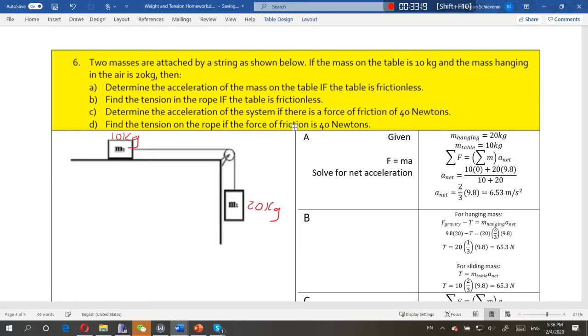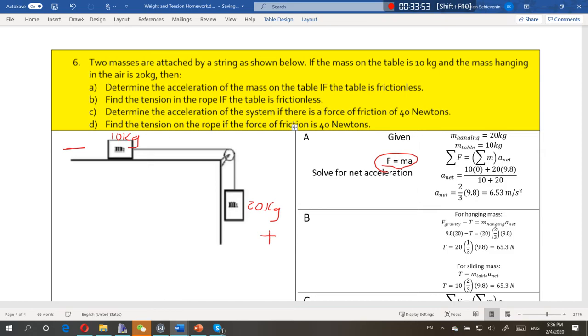The first thing I wanted to know is what the total acceleration would be of the system. So what we're going to use is force equals mass times acceleration to solve for our net acceleration, the acceleration of the entire system. I can add up all of the forces. To make this easier, I'm going to say that down and to the right is positive, and to the left is negative.